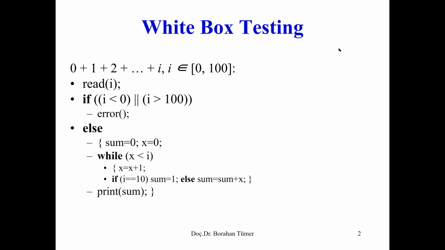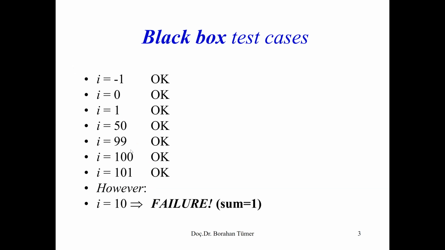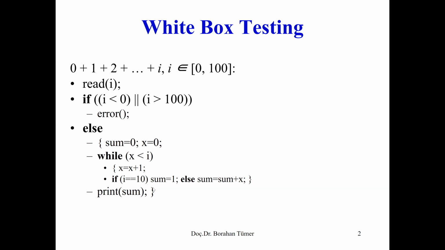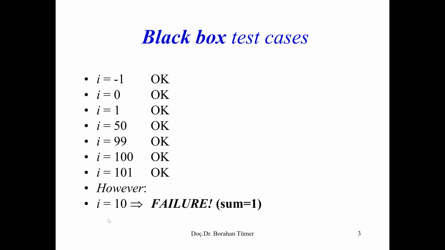We showed this example about adding integer numbers up to a value of I. Then we added this part, which is not expected, while we add numbers up to a specific limit, which is given here in this example I. We said that with the black box test cases, we cannot discover this erroneous portion of the code, which is actually I equal to 10, and it results in failure.